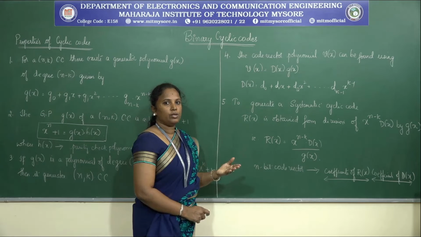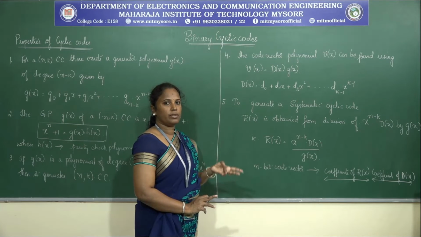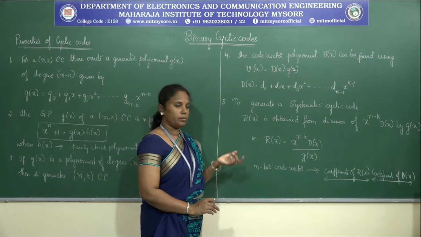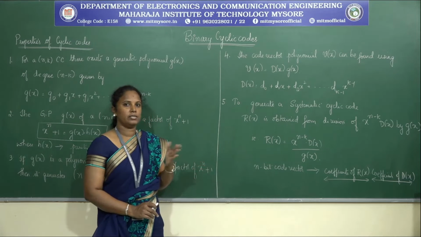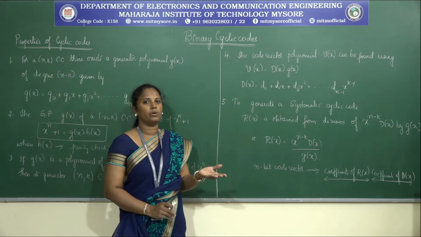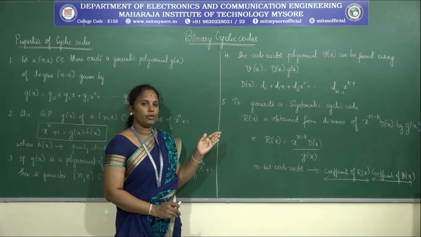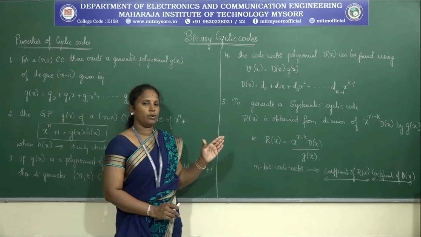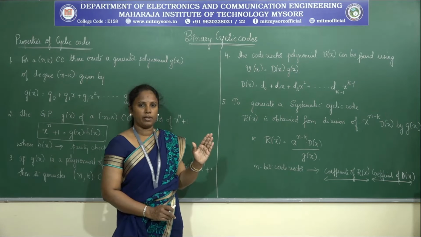Now in the case of your linear block codes, I said that we have two types of codes: the systematic code and the non-systematic code. How we differentiate them is that in the case of systematic, if the message vector appears at the beginning of your code vector or at the end of the code vector, then we say that it is a systematic code.